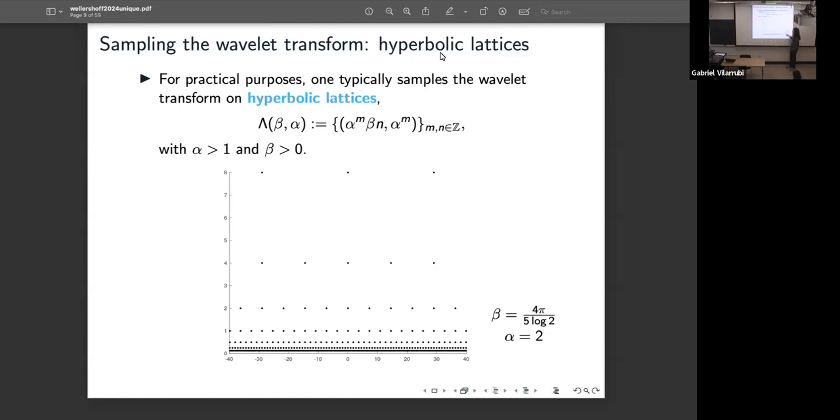Alpha is 2, so 2 to the power of 3 is 8. This is the 3rd scale, let's say. There is a certain distance between these points, equidistant points at 8. Then if you go down one scale, to 4, there are twice as many points in any interval. Every time you go down, points get twice as close to each other. That's the hyperbolic lattice that we're sampling, just as a picture.